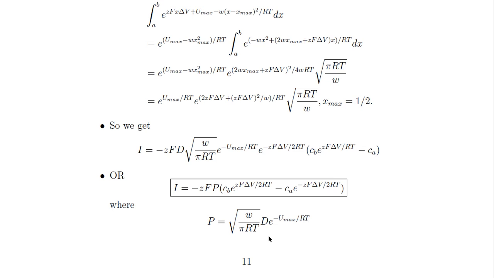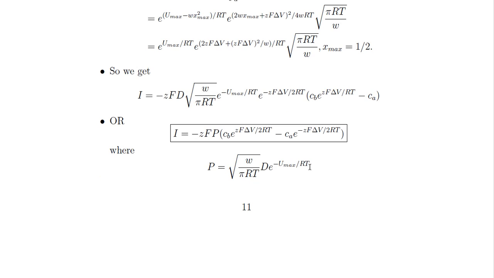Through the experiment, we can measure the current, and from the measured current we can do curve fitting using this equation. If we know the concentrations C_B and C_A, we can find the voltage difference across that membrane. Okay, so that's all for this part, for this chapter.